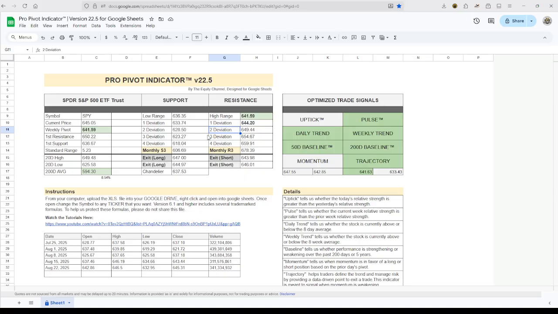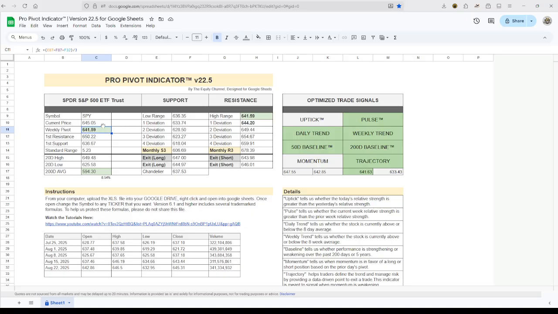Let's say, for example, we open above the weekly pivot. Okay, great, we're bullish. Or let's rephrase that. Let's say you just pulled up the stock and it happens to be above the weekly pivot, just so we're not creating some outlandish scenario.